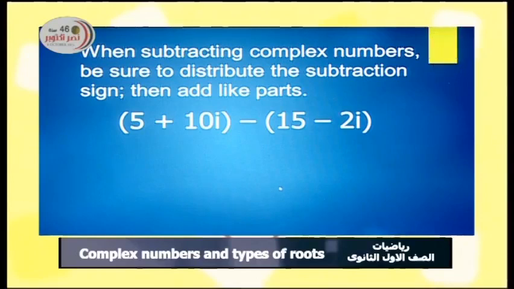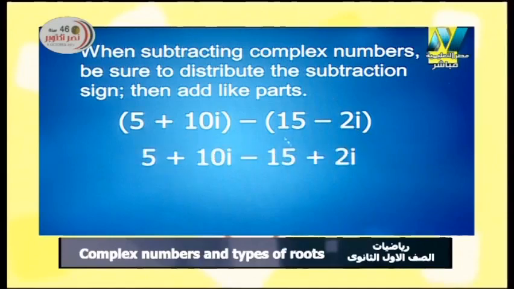When subtracting complex numbers, be sure to distribute the subtraction sign, then add like parts. We have here 5 plus 10i minus 15 minus 2i. We have to multiply negative by 15 equals negative 15, and negative multiplied by negative 2i equals positive 2i.